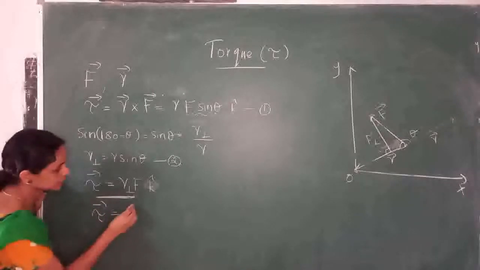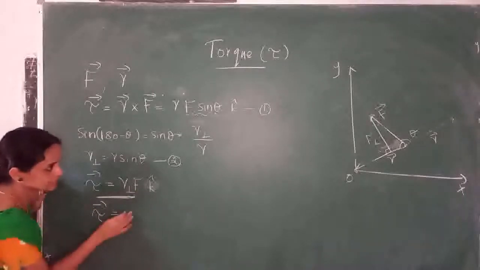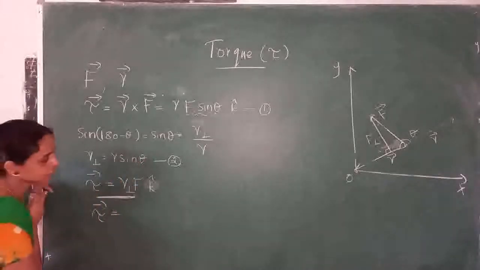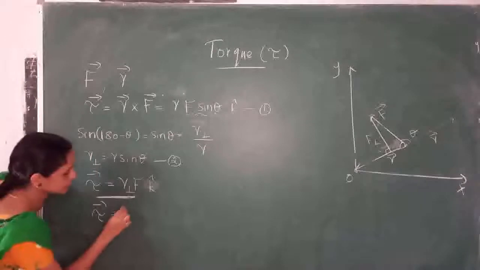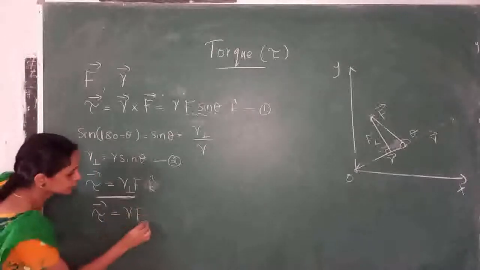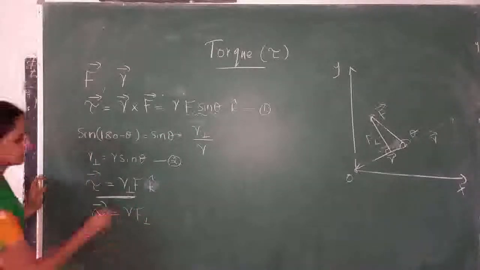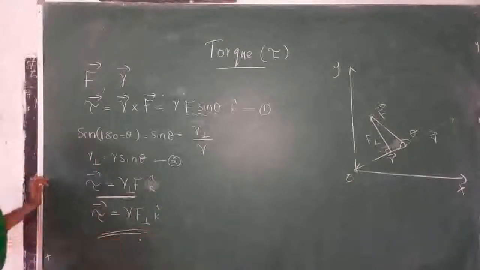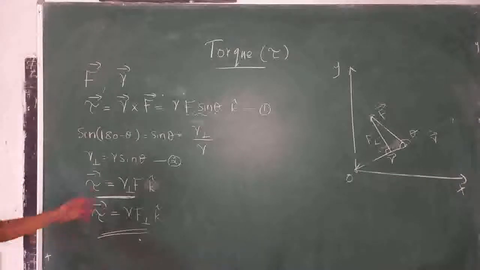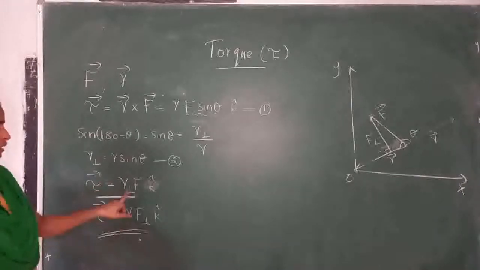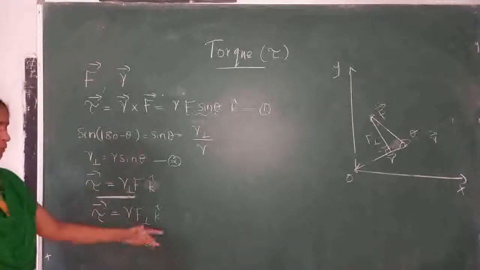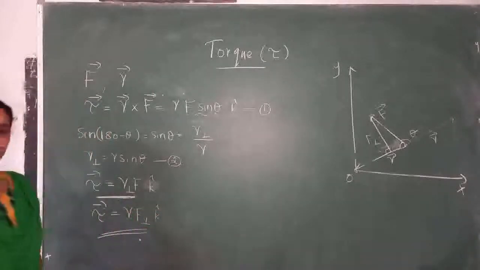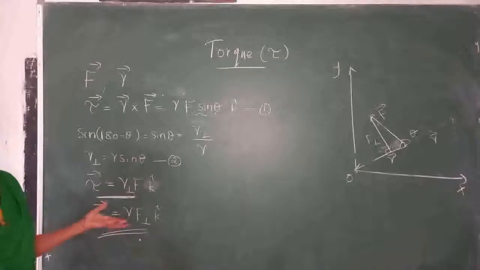Here also sin 180 minus theta is sin theta, which is equal to F perpendicular by F. So F into sin theta will be equal to F perpendicular. Torque tau is equal to, in the k direction, either R perpendicular F k or R F perpendicular k. These are the two modes we can visualize the torque.